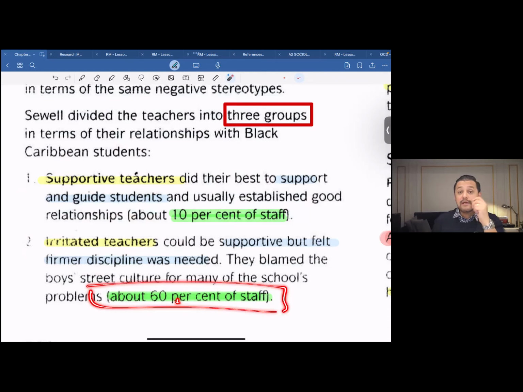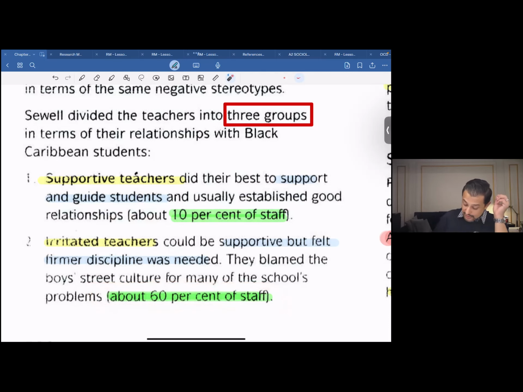According to Seville again, these teachers did not wish Black pupils ill. However, they felt like disciplinary concerns should be prioritized over anything else, including academics.